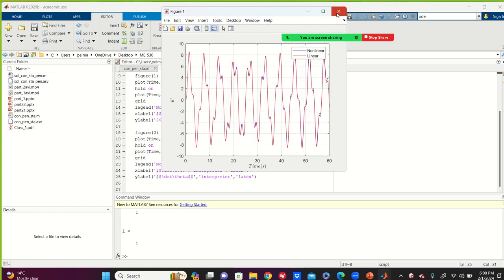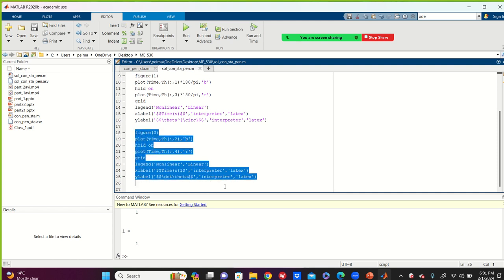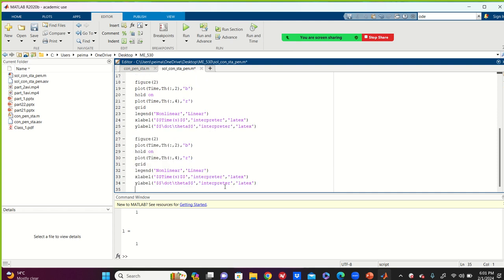So bear with me because I'm not done yet. When you graduate, I want you to be a good representative of the SDSU control class. We have another graph. I'm writing here for you, phase portrait. It means that you are plotting the angle on the x-axis and the angular velocity on the y-axis. In nonlinear control, you have to know it, but I'm giving it to you as a gift.